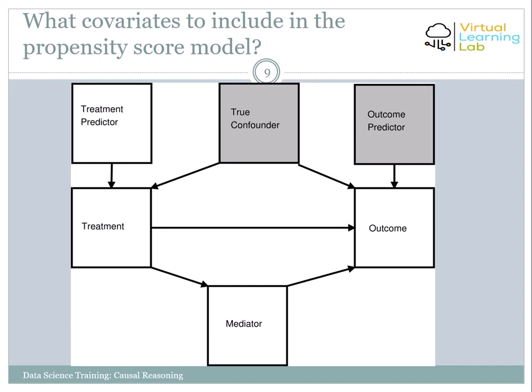True confounders have a relationship with the treatment assignment mechanism and the outcome, and omitting true confounders leads to biased treatment effect estimates. You also want to control predictors of the outcome, because even though omitting them does not lead to bias, including them increases your power, because it reduces variance.